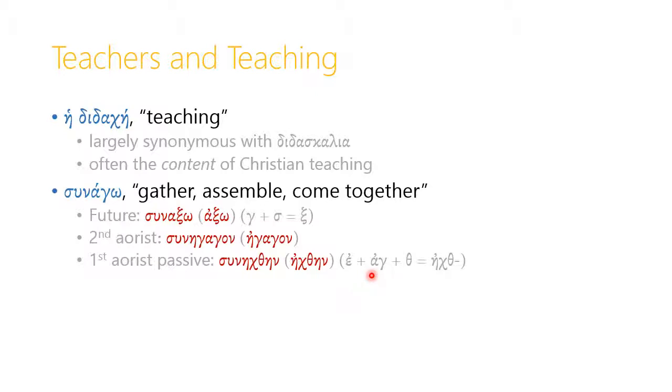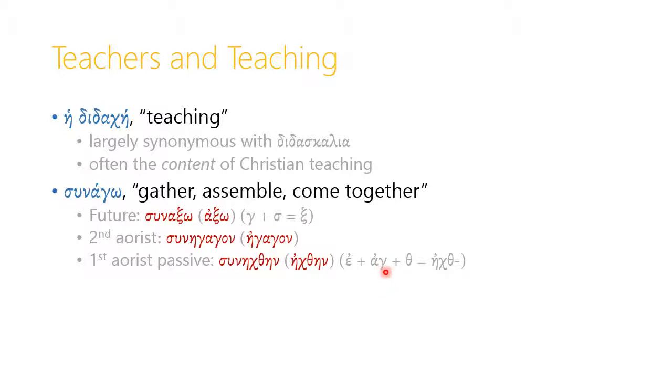So now we've got ag, and then we add the theta tense marker for the aorist passive, and in front of that theta, the gamma, which is a kappa class consonant. Remember our square of stops? That's going to soften to a chi. So we've got a, just two letters again.